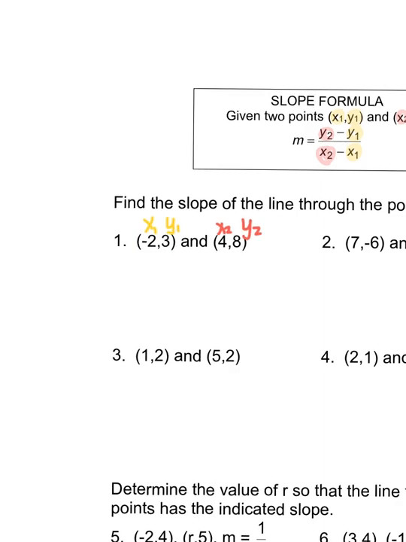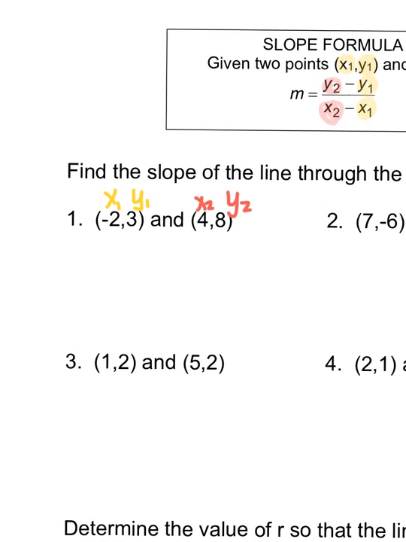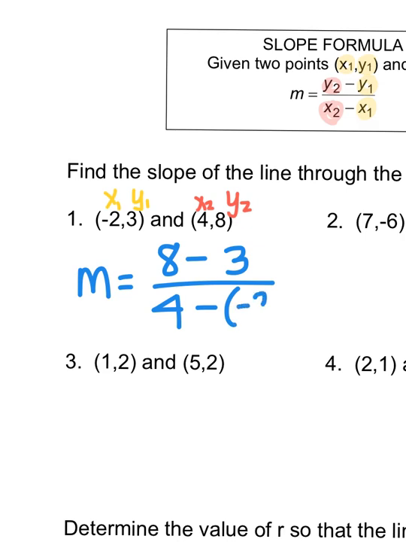Now looking back at your equation, we'll simply substitute our numbers into the equation. So we have the slope is y2 minus y1 over x2 minus x1. Now simplify using your integer rules carefully, and you'll find that the slope is 5/6, a positive slope.